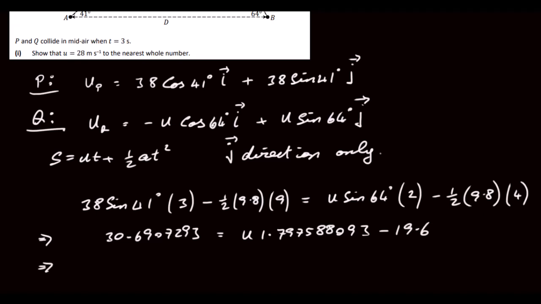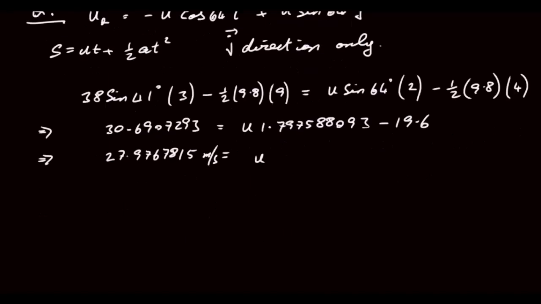So it's just simple algebra after that. Bring over the minus 19.6, divide by 1.797 and so on, and you get an initial velocity of 27.9767815 meters per second. It says to the nearest whole number, so u is equal to 28 meters per second.